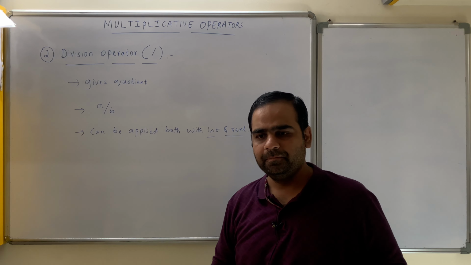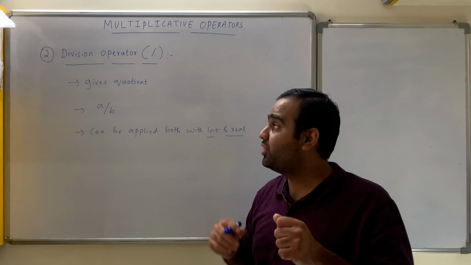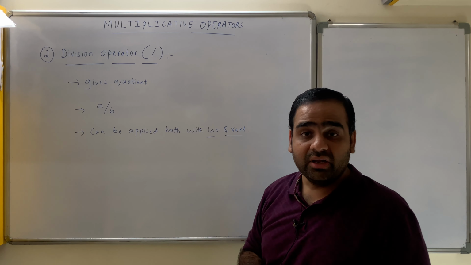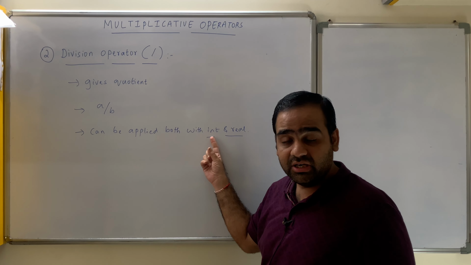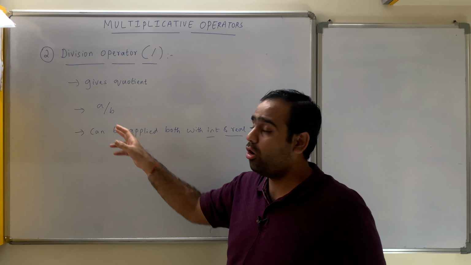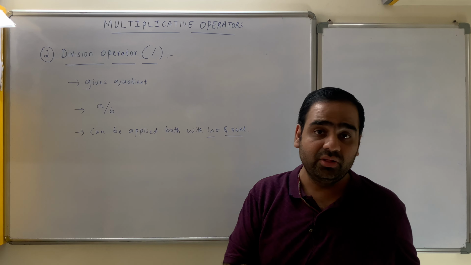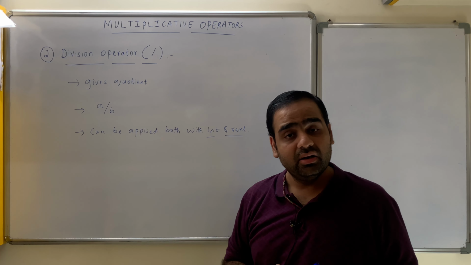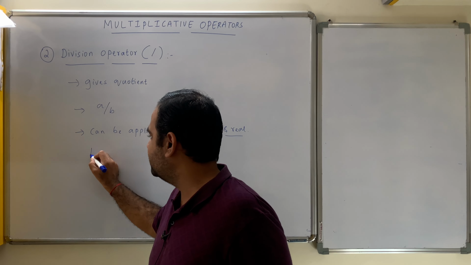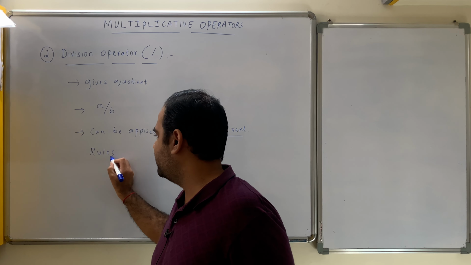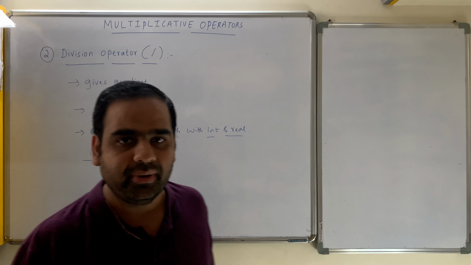But how does this division operator behave if both the operands are integer, or if one operand is integer and the other one is real, or both are real? It differs. There are some rules for this division operator.